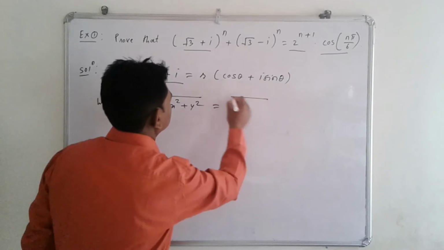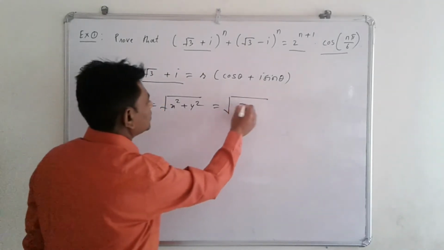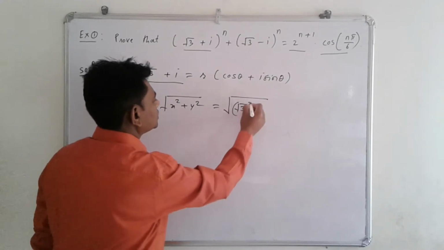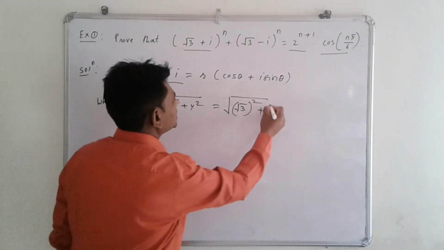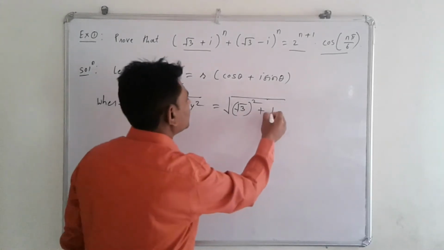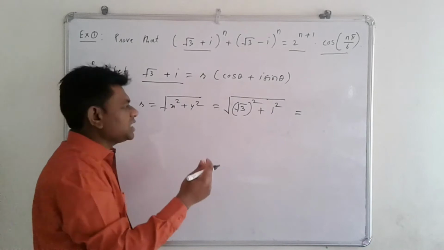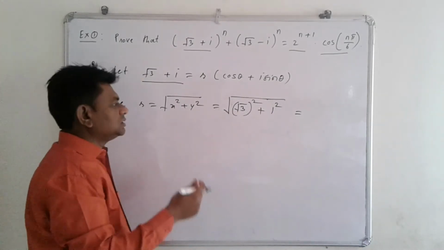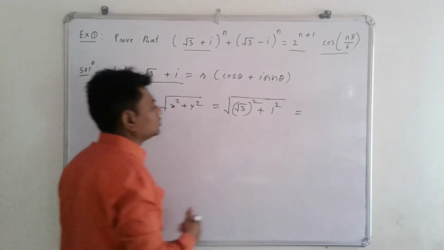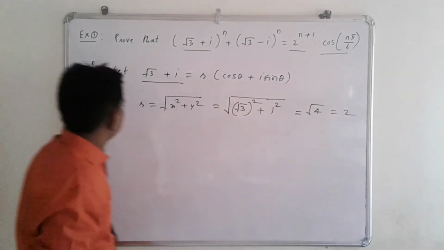So r is equal to root of root 3 square plus 1 square, that is root of 3 plus 1, which is equal to root 4, that is 2.